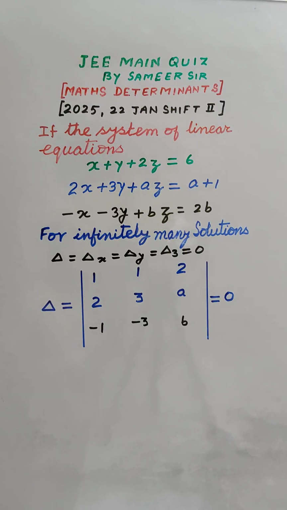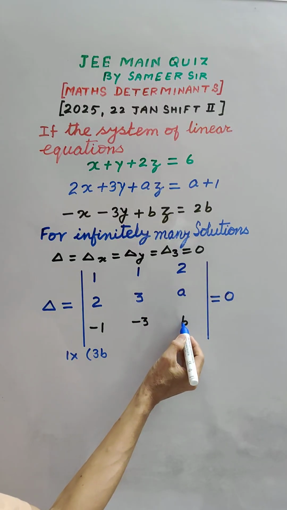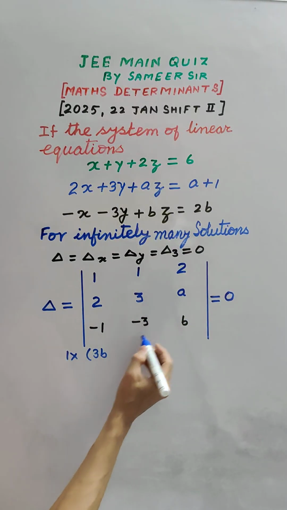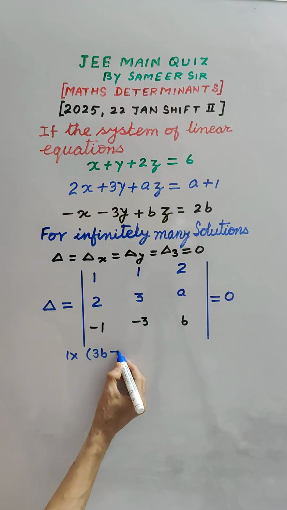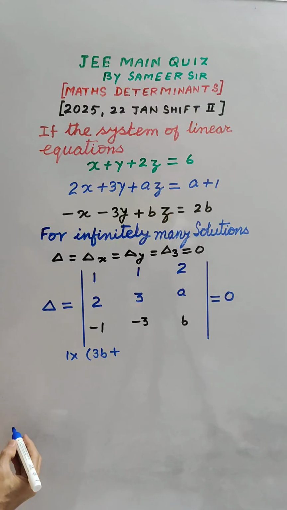Now solving this matrix. 1 into 3 into b, 3b, minus into minus, that will become plus 3 into a, 3a.